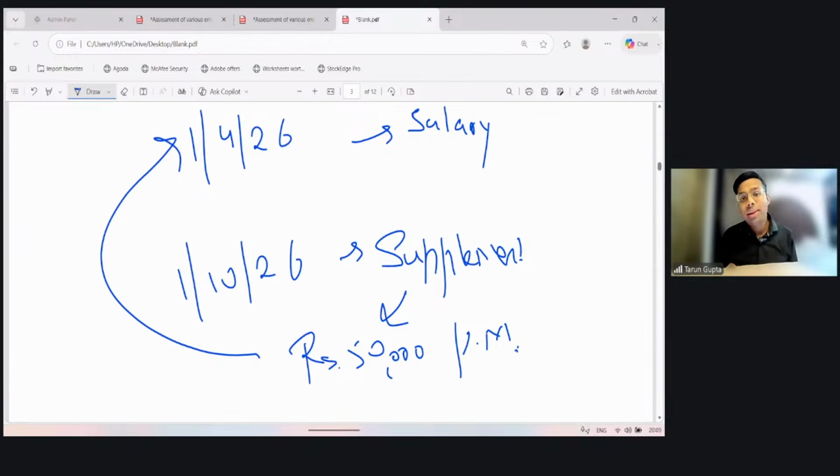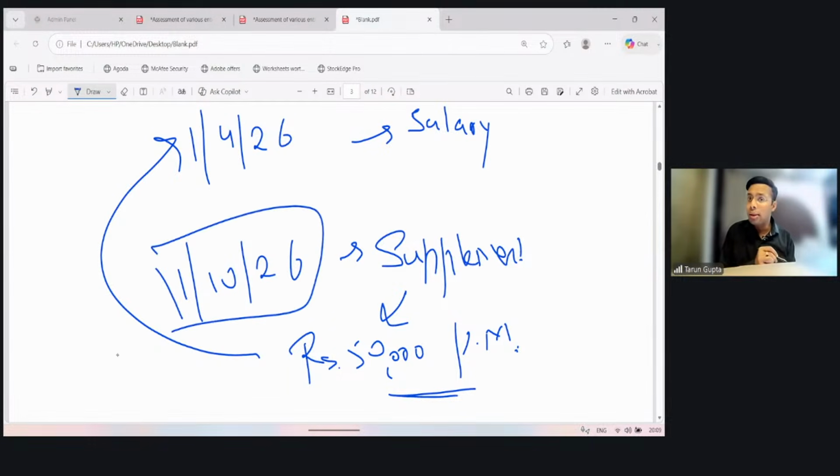So the provision says that since this 50,000 salary has now been authorized by the partnership deed, but it relates to the period prior to the date of entering of this supplementary deed, which provides for this payment of salary from 1st April 26, but since the deed which provides for payment of salary is entered on 1st October, any salary authorized by it from a retrospective date shall not be allowed.